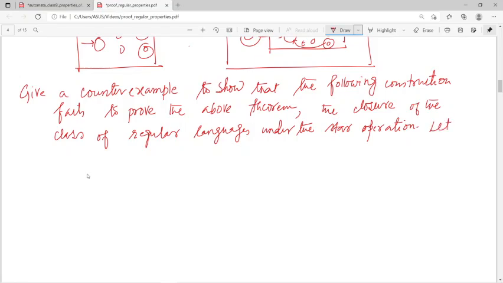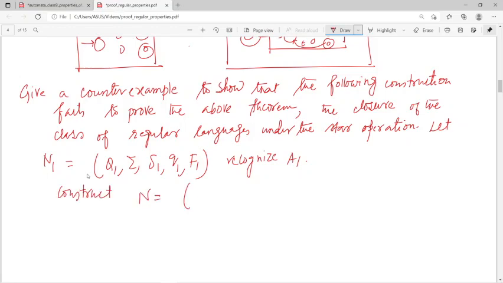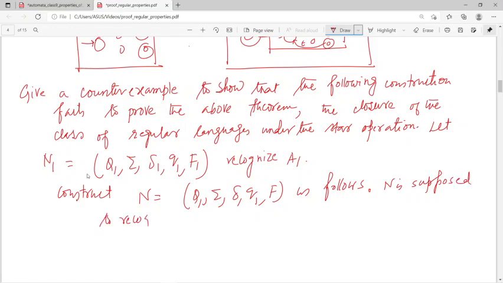ওরা কনস্ট্রাকশনটা কিরকম দিয়েছে, ধরো n1 হচ্ছে q1, সেট অফ ইনপুট সিম্বল delta 1, q1, f1, ধরে নিয়েছে এটা a1 কে রেকগনাইজ করে। আমি একটা Kleene closure construct করছি n কে, that is q1 this q1 f as follows. n is supposed to recognize a1 star.